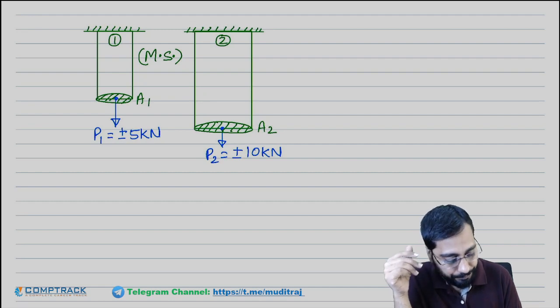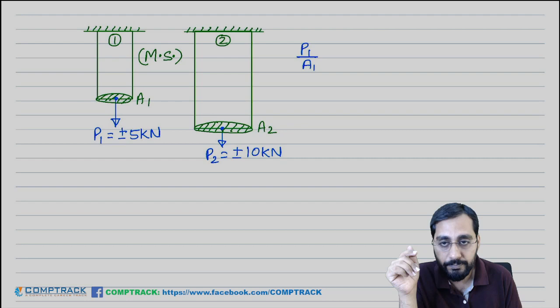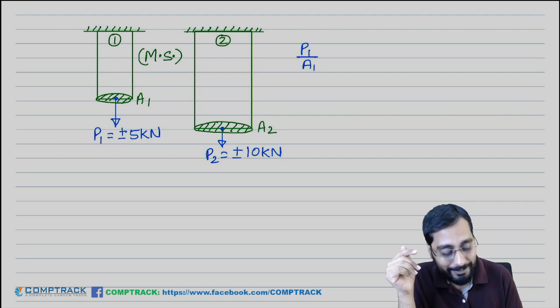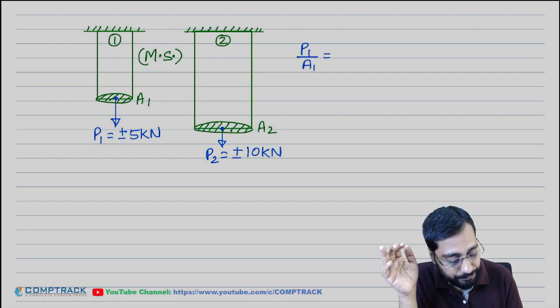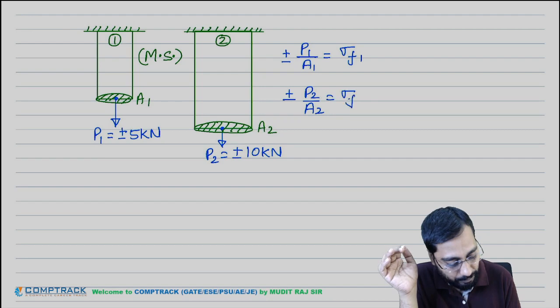Here, for the first bar, P1 by A1 will give you the value of fluctuating stress, sigma F1, and this will give you the value of fluctuating stress in the second bar.